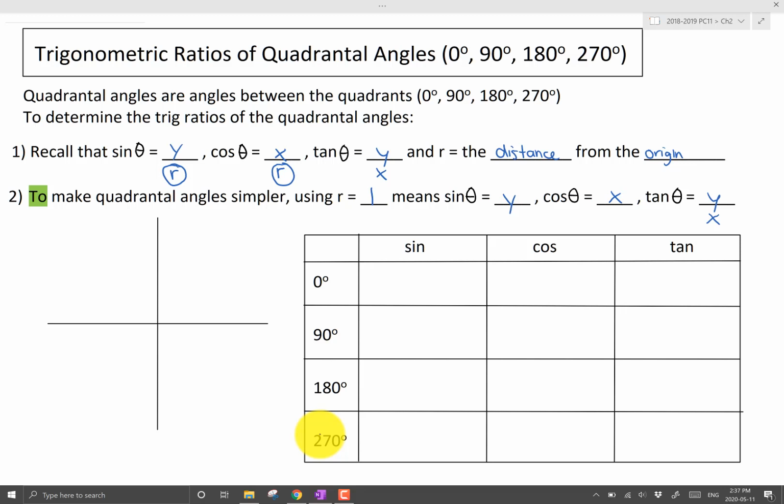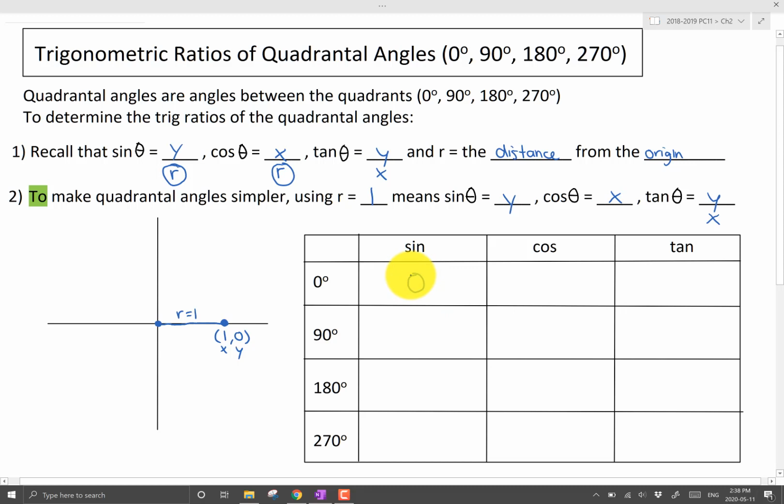So first of all, the sine of 0 degrees. If we took a distance from the origin to a point on the x-axis, and again, we knew that distance was 1, so that's going to be inconsequential, we know that the point here would be the coordinate (1, 0). So sine is equal to the y-coordinate, which is 0.